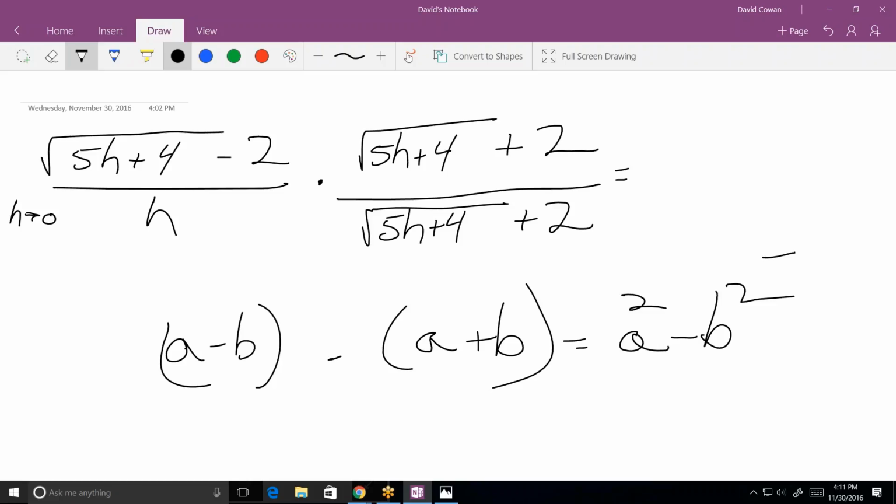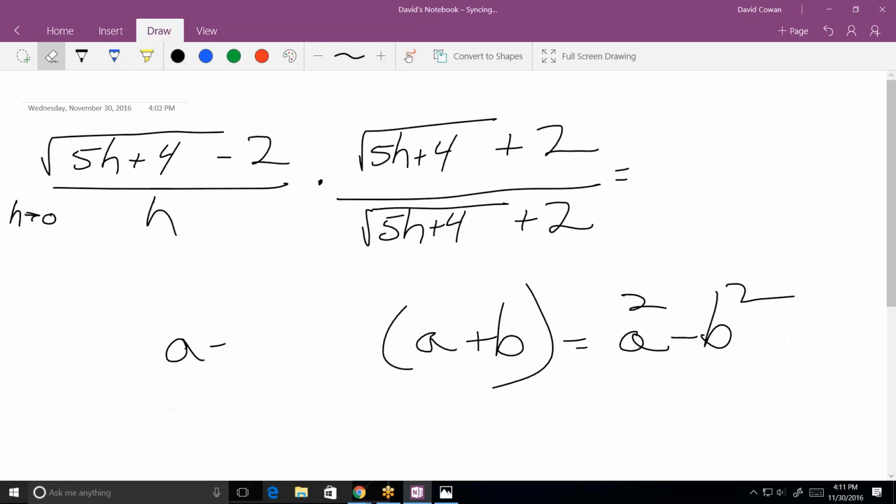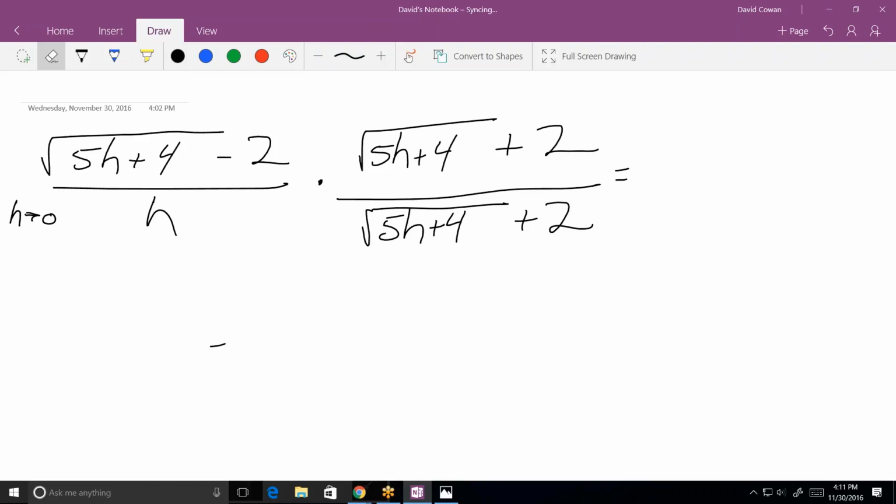So let's use this principle in doing this multiplication. There's my a minus b, there's my a plus b. So it would be the square root of 5h plus 4, squared.